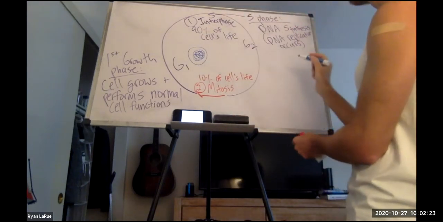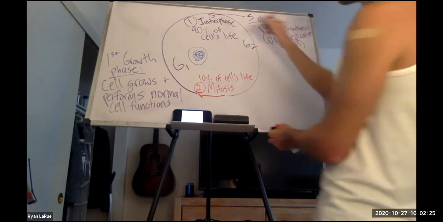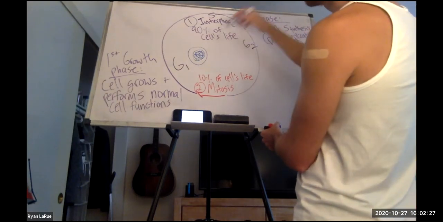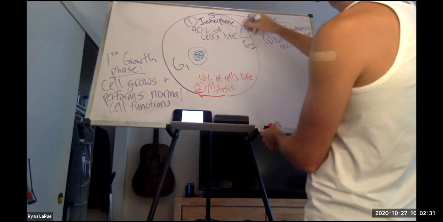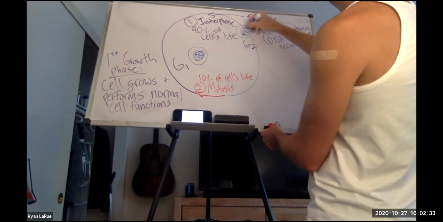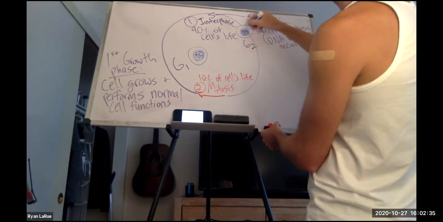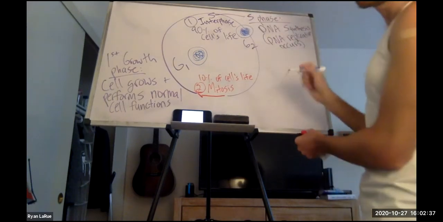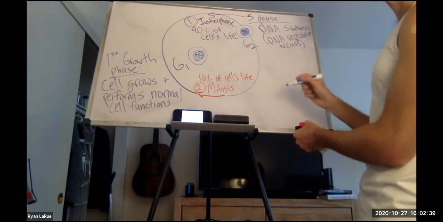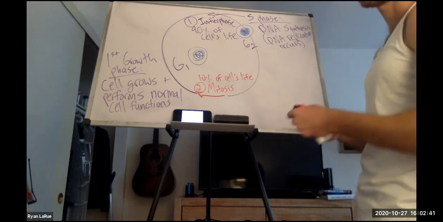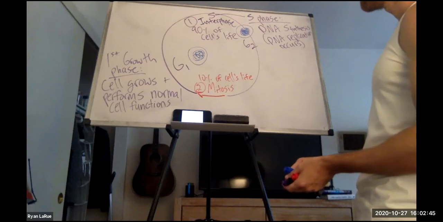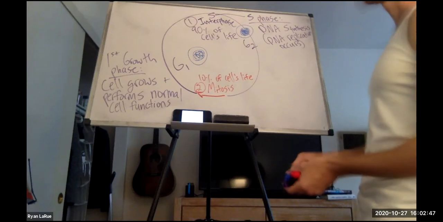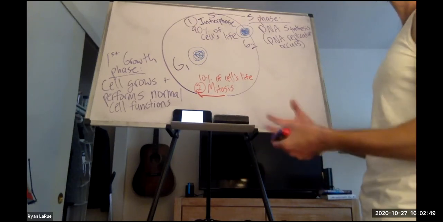After S phase, the cell, I'll draw it here. It just looks like a little more dense, thicker bowl of spaghetti, because all the DNA copied itself and formed an identical DNA strand to duplicate all of the DNA, but it's uncondensed.